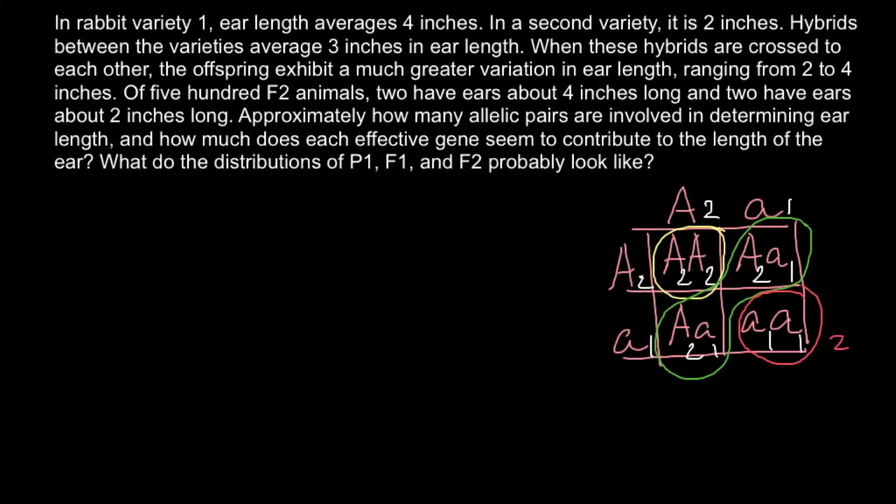So 2 here and 4 here, and with green color we have 3. As you see, the picture is slightly different from simple Mendelian genetics, where we have dominance and recessive pairs.